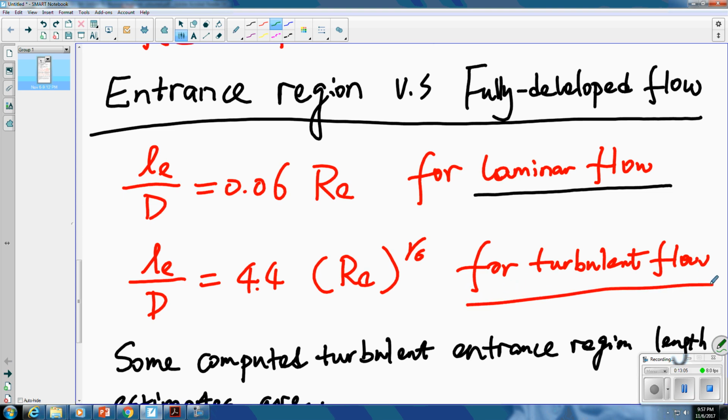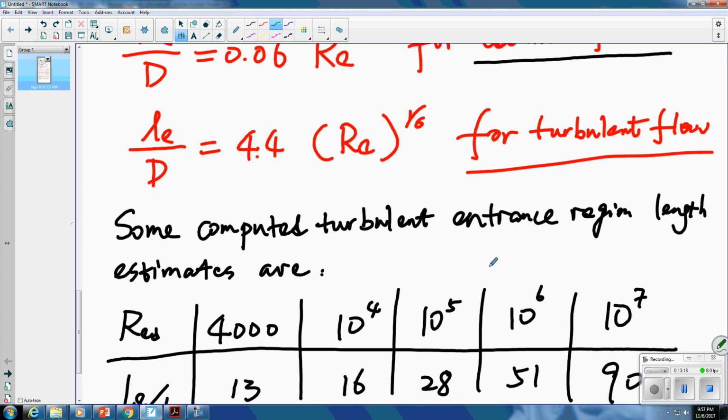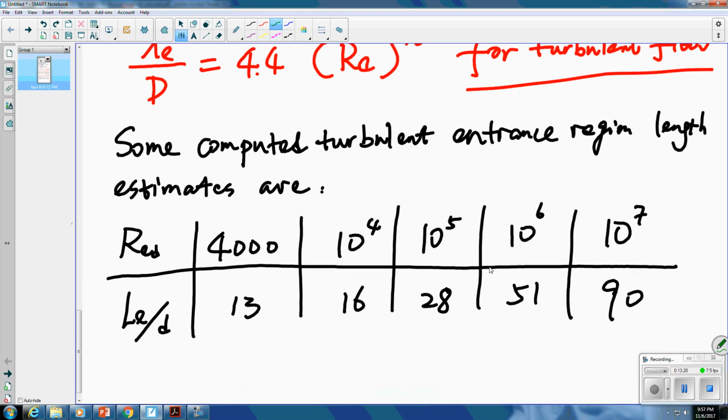But if you look at turbulent flow, we have the equation L_E over D equals 4.4 times Reynolds number to the 1/6, which gives you, let's take a look at this table. We estimate the entrance region length for turbulent flow at different Reynolds numbers from 4,000 up to 10 to the 7th.